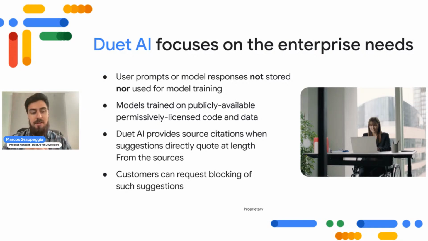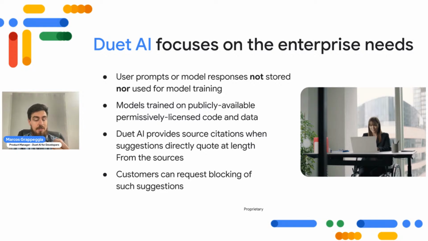Some of the directions that this effort helped shape was, for example, Duet AI does not store either the user prompts or model responses. A common question I get is, are we using the user prompts to train Duet AI's model?